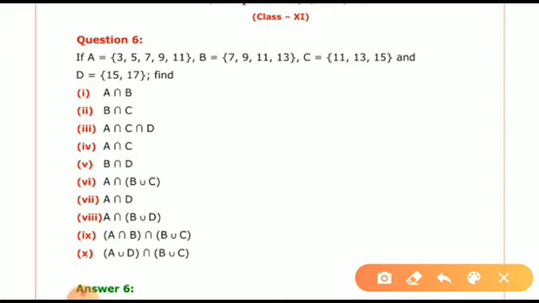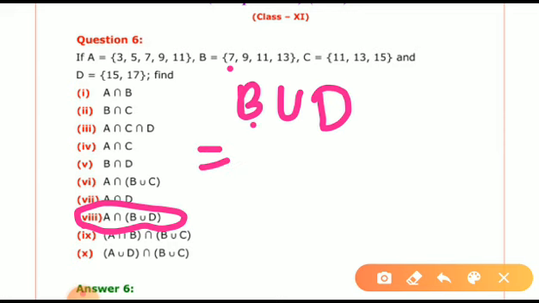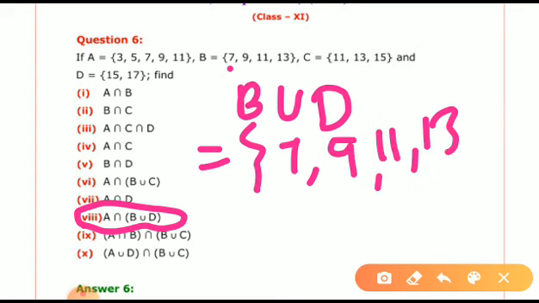Next you have been given A, B, C and D. You have to find the eighth. I'm going to do A intersection (B union D). That means first I will find my B union D. Now B union D, I will get B: 7, 9, 11, 13. Union D, that means it contains 15 and 17. So this is my B union D. Intersection with A. Check whether 3 is in common.